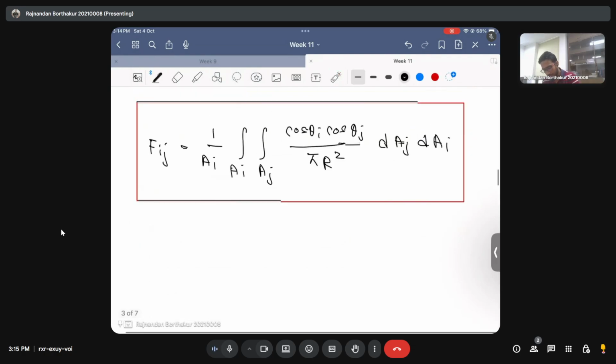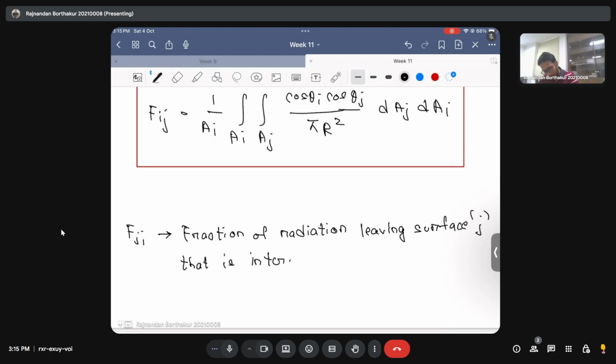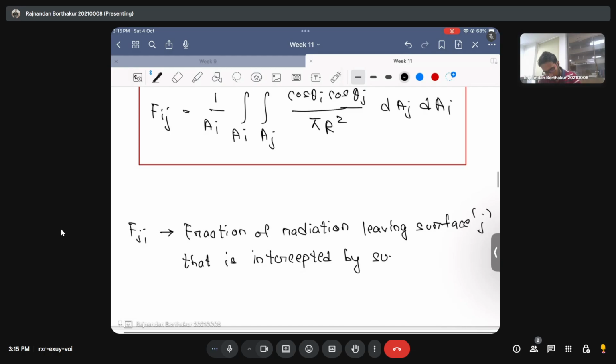You can also define something known as Fji, and this is nothing but the opposite thing, that is the fraction of radiation leaving surface j that is intercepted by surface i.